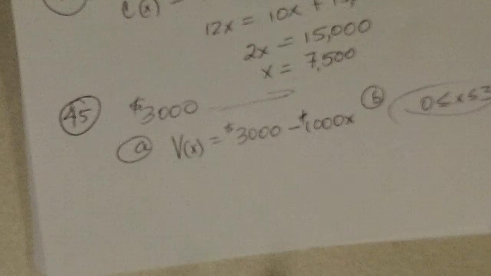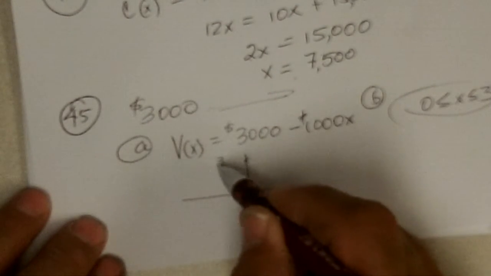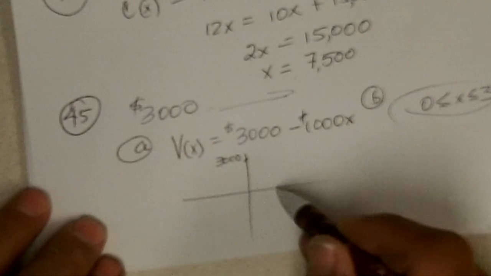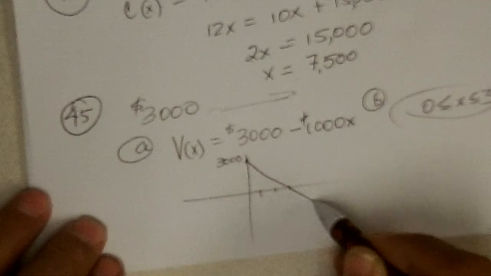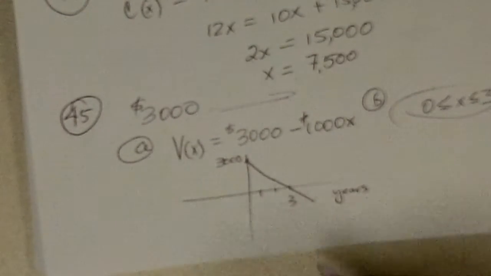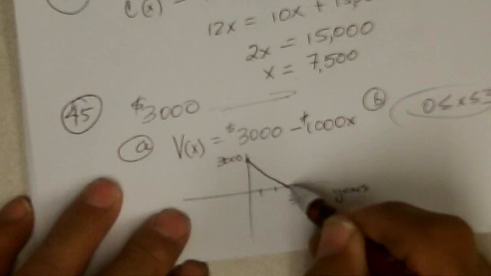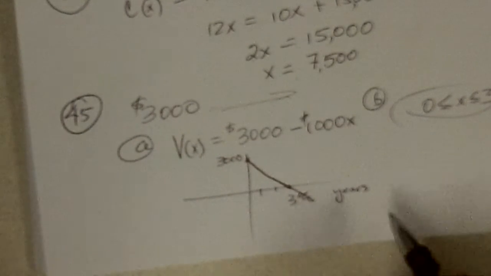And C, graph the linear function, so it would cross at 3,000 and reach 0 after 3 years. That's the value, and you would only graph this much because you don't care about the rest. And what is the book value of the computer after 2 years?